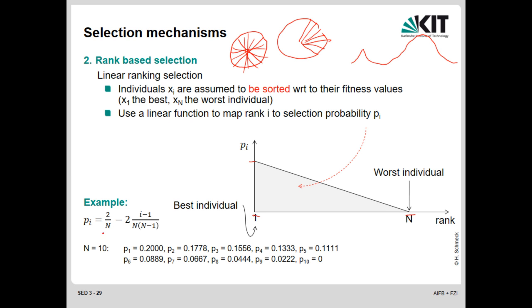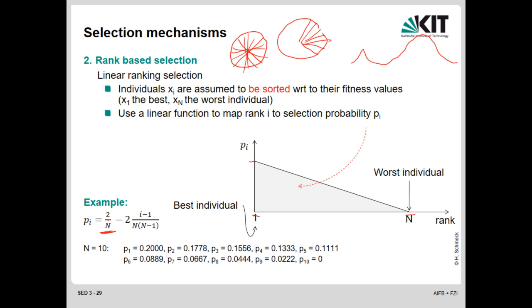The value can be determined, this is just one possible function for assigning selection probability depending on the rank. Assume you have n elements, you take 2 over n as the base probability, that's twice the random choice. Uniform probability would be 1 over n.